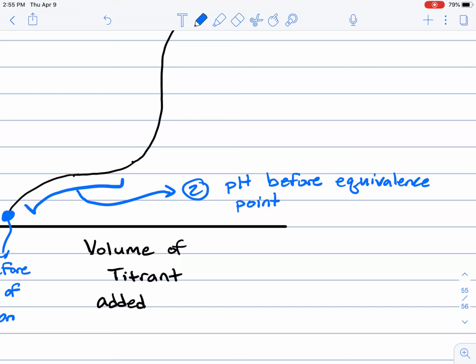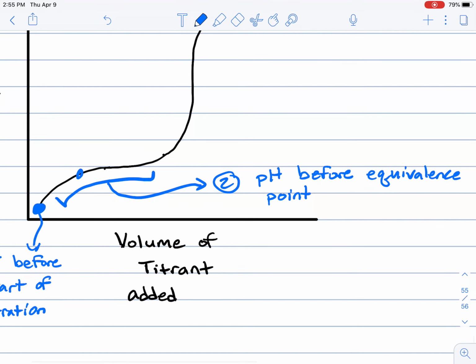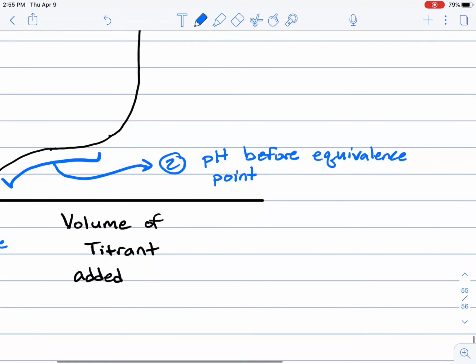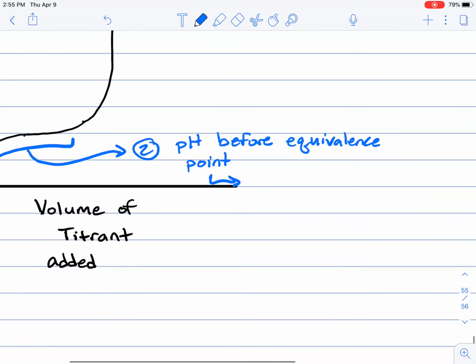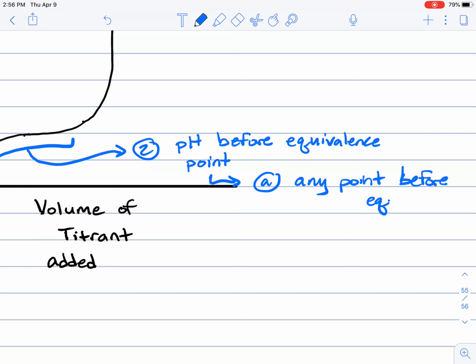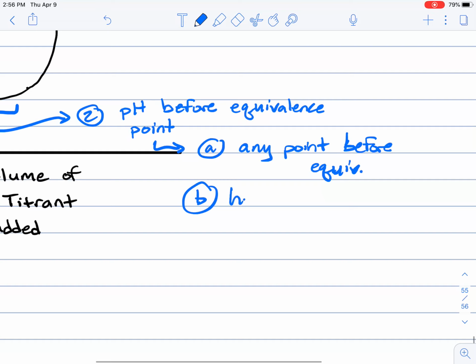Okay. And typically we can just use one point, for example, we can take this point, and we can use that to represent the pH before the equivalence point. So we can do this by calculating any point before the equivalence point. Or we can use the halfway point.